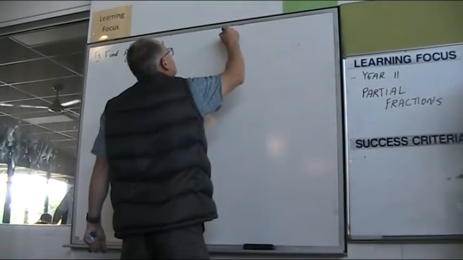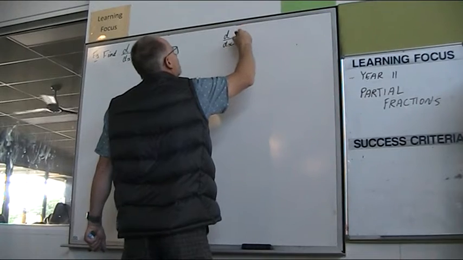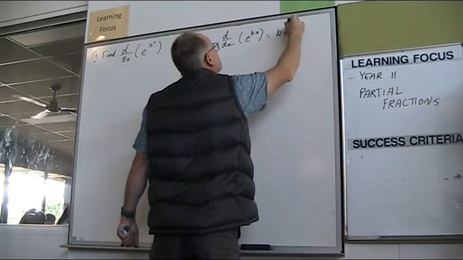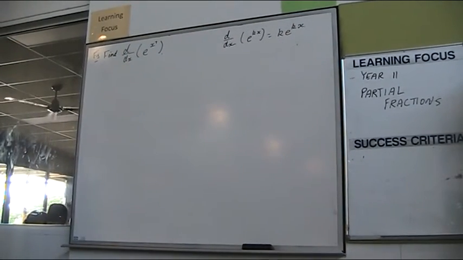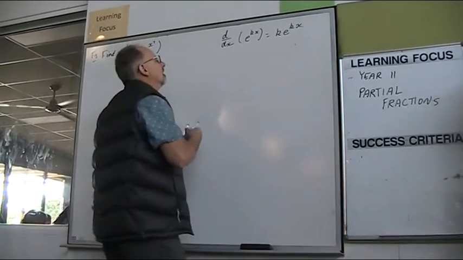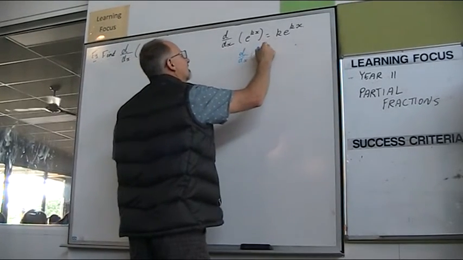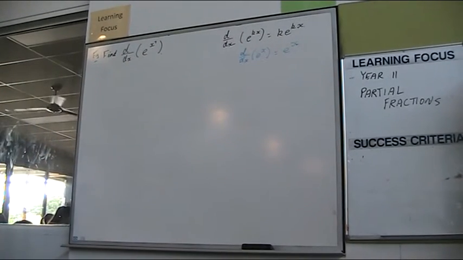Now, the pattern for an exponential is that ke to the kx. So if we were to differentiate, say, e to the x, it's simply e to the x. That pattern's on the formula sheet that you get.